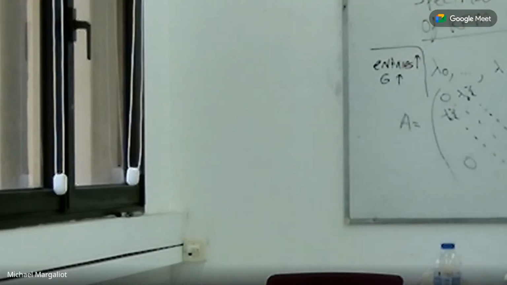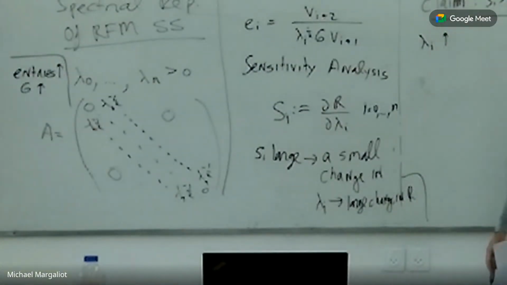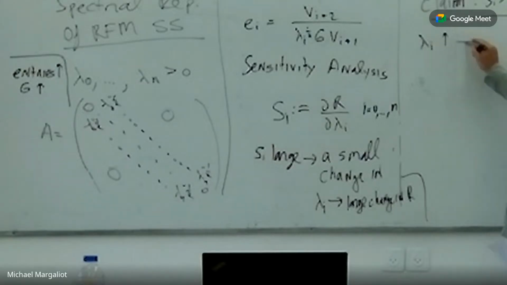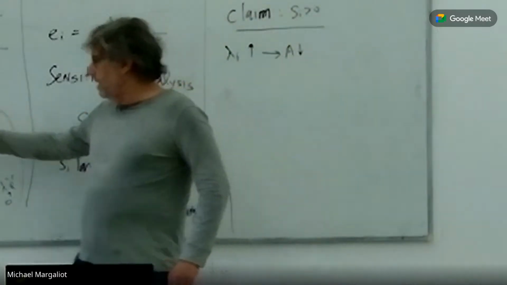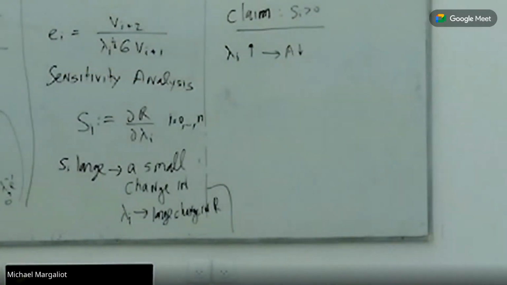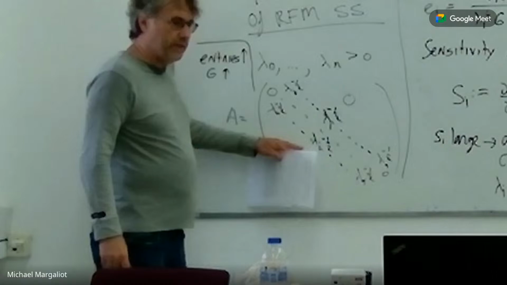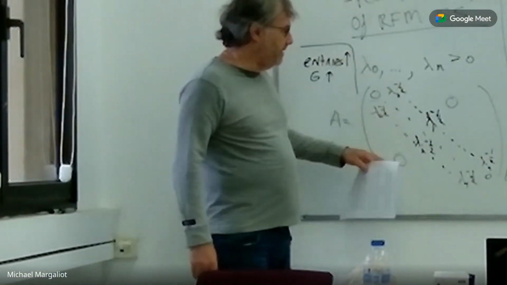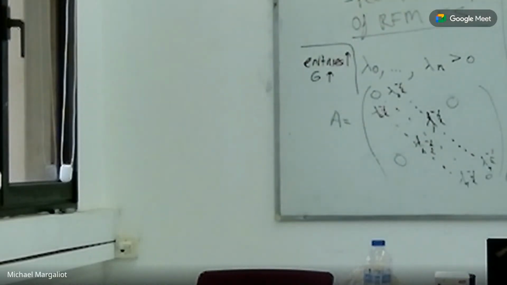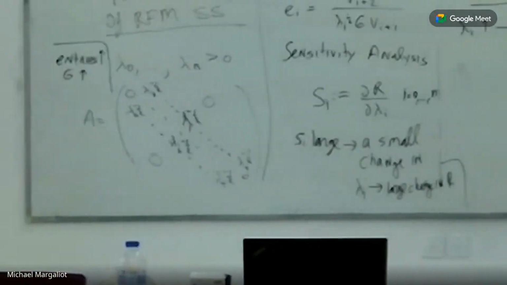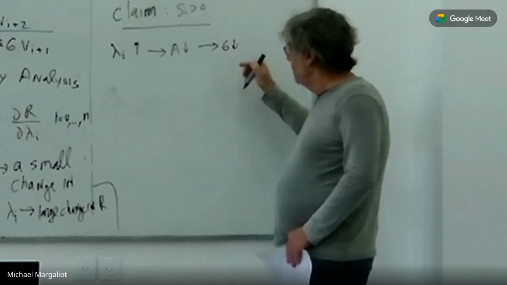So what does this mean? Let's assume that we fix some I and increase lambda I. Then the entries in A actually decrease, because lambda I appears in two places to the power of minus half. So when I increase lambda I, the corresponding entries in A decrease. So if the entries in A decrease, I expect the Perron root to decrease.